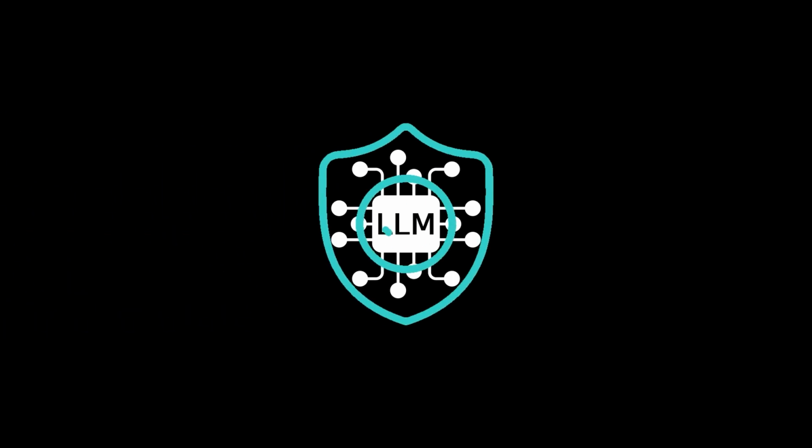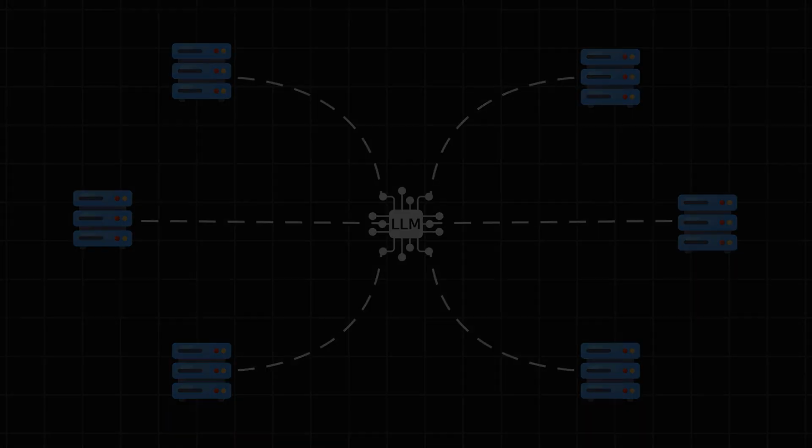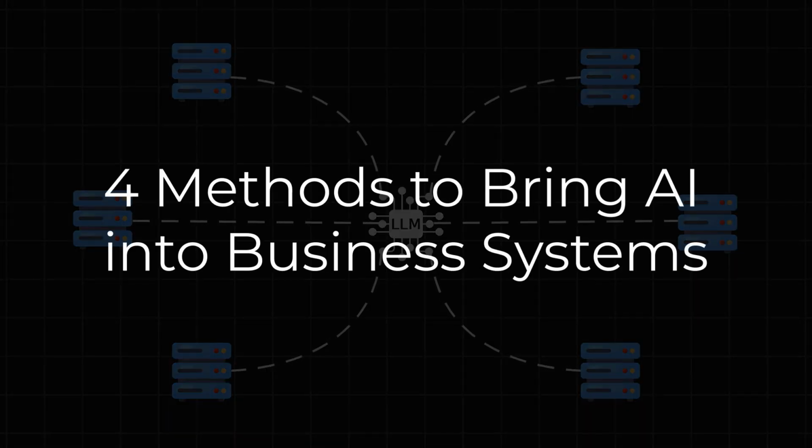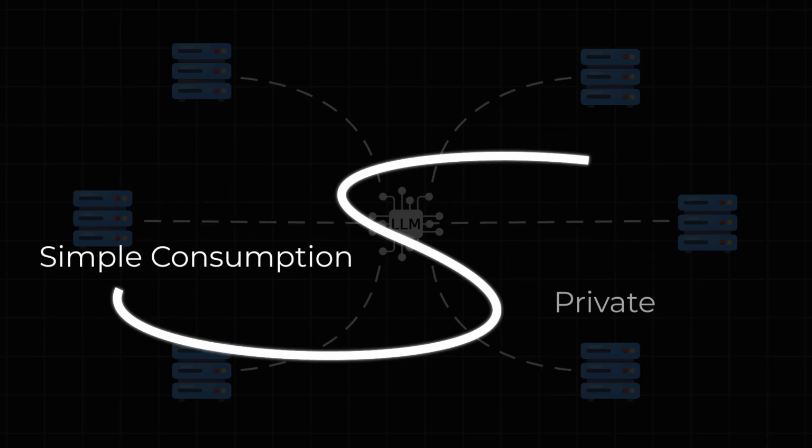To effectively secure AI, it is essential to first understand how AI capabilities are consumed and integrated within an organization's workloads. Let's first break down the four main methods businesses use to bring AI into their systems, from simple consumption to fully private hosting.